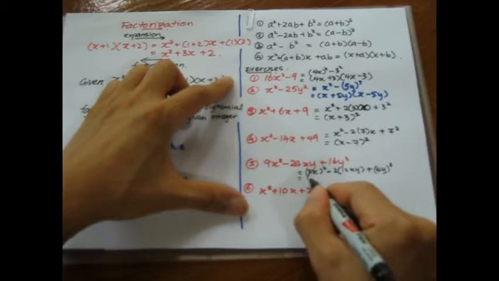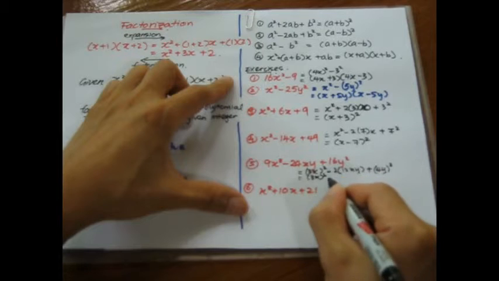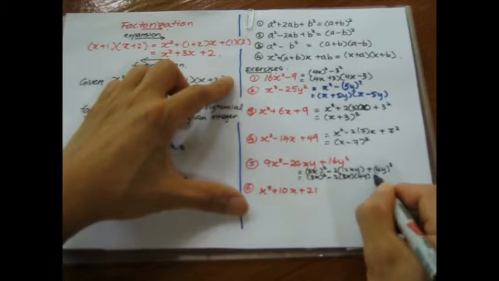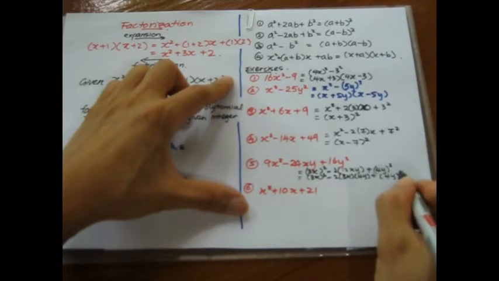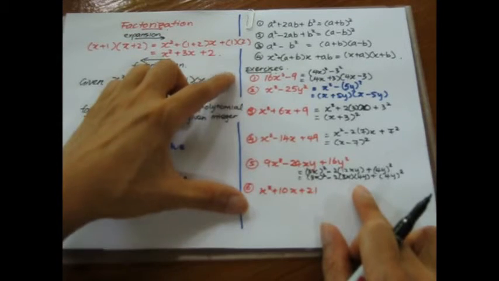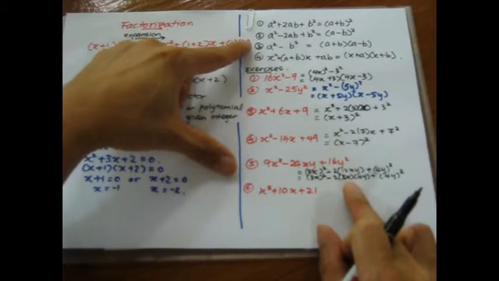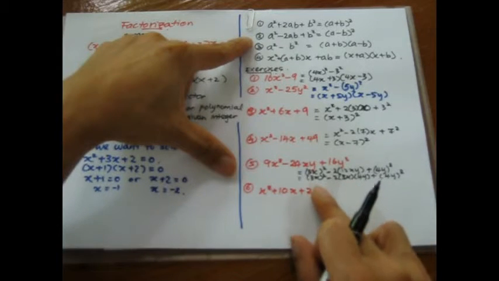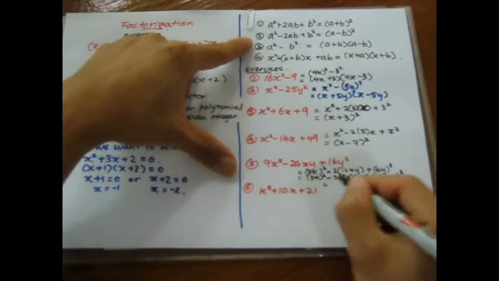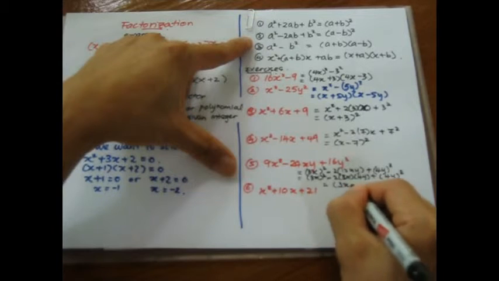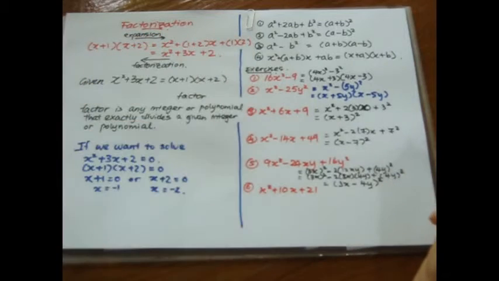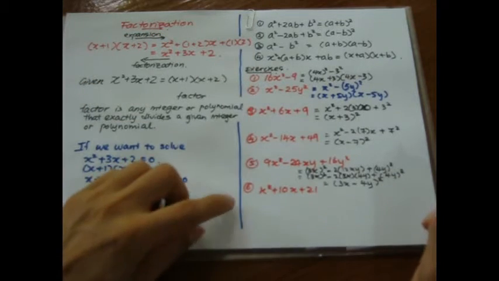So I can rewrite this as 3x everything squared minus 2 times 3x times 4y plus 4y everything squared. If you look closely, this is actually form number 2, where a is 3x and b is 4y. So the answer to that will be 3x minus 4y everything squared.